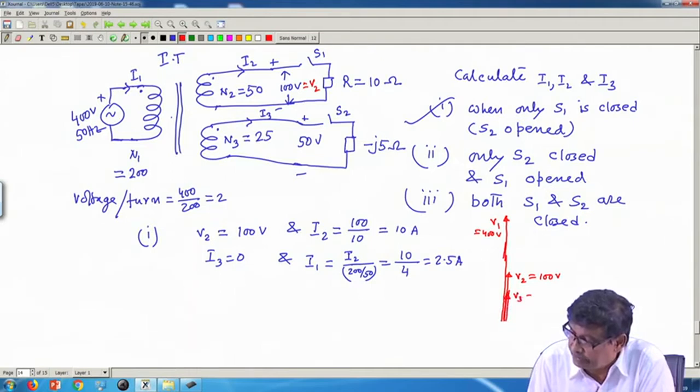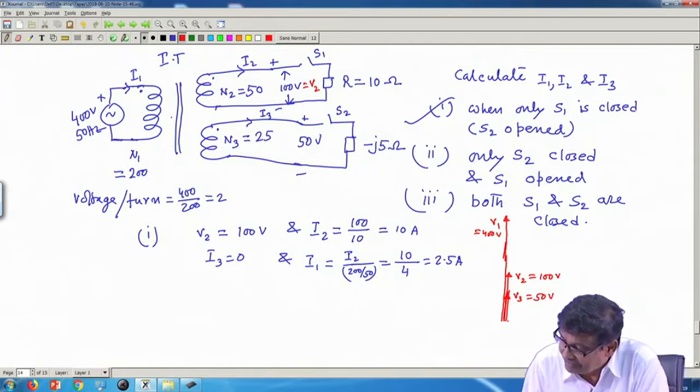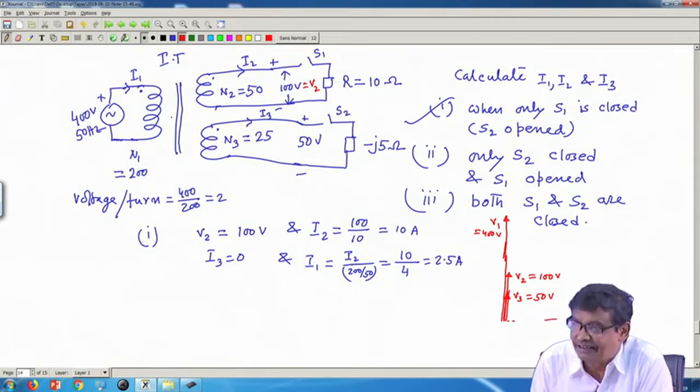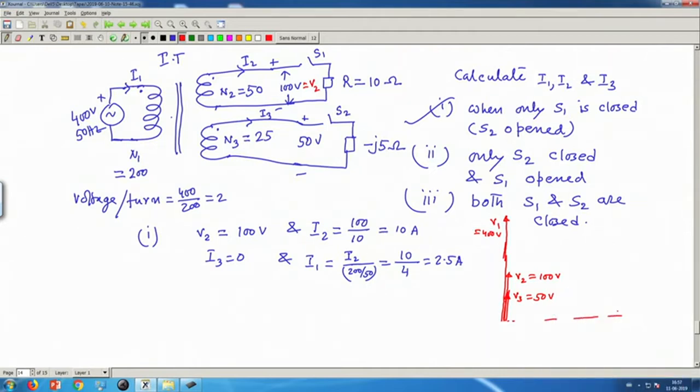V 3 is equal to 50 volt. These will be the voltages. Where is your flux? Flux is along this line. Magnetizing current is also along this line, but that is 0. That is the thing.